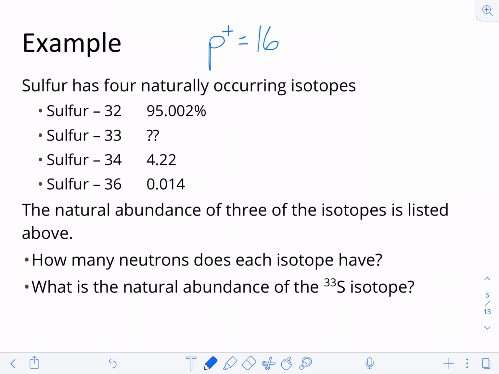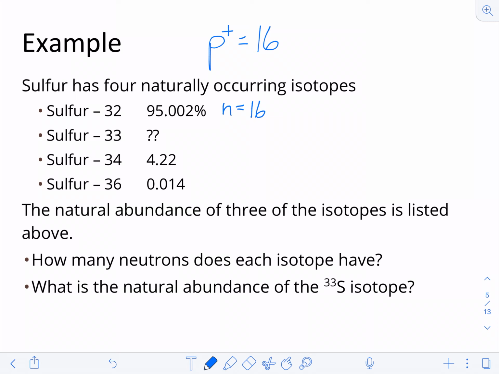Remember, this number that comes after the dash is the mass number. So that's protons plus neutrons. If we take those numbers and subtract 16, that's going to tell us the number of neutrons in each one of these. So I'm just going to go ahead for the first one. 32 minus 16, it looks like my number of neutrons is going to be 16.